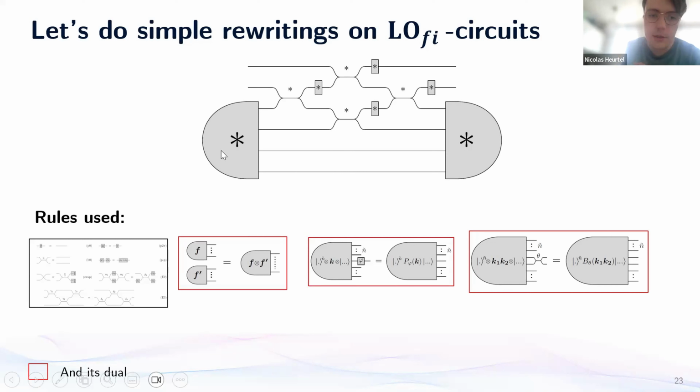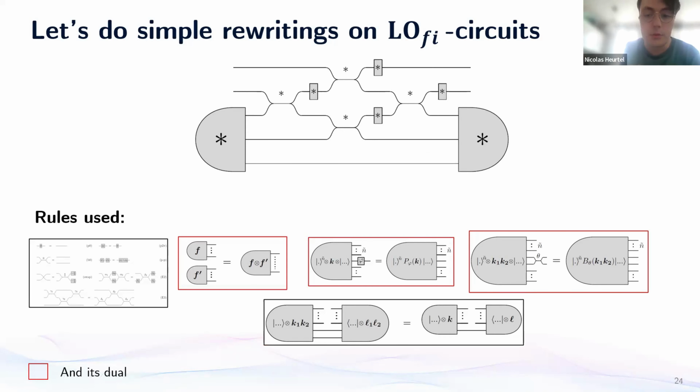For instance, it will be a scalar product between those. If you have K1, K2 there and L1, L2, you can do a bijection from N2 to N to simplify. I won't go into details, but there is a rule to reduce one wire. So here we have rewritten our circuit to that form.